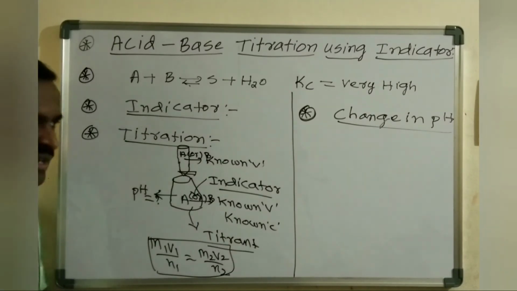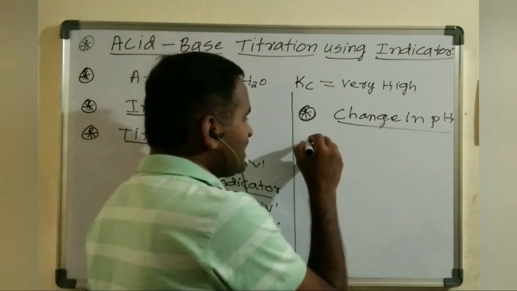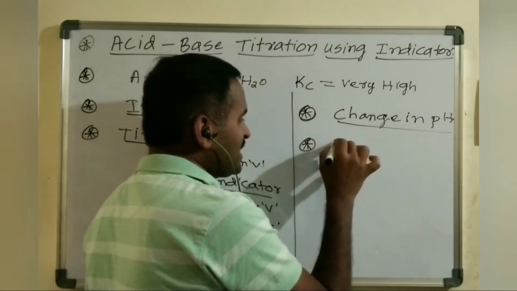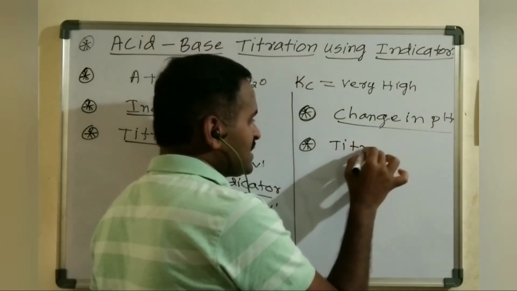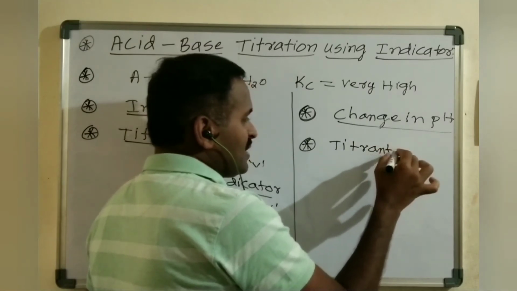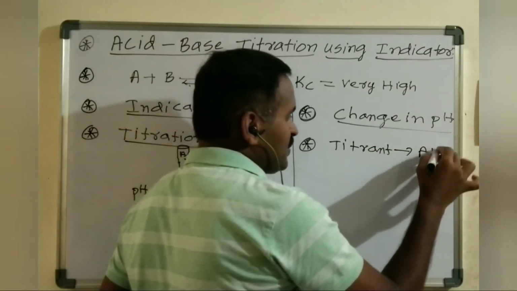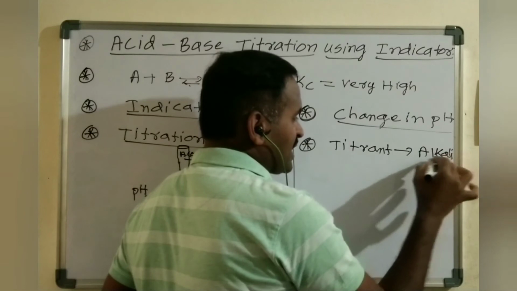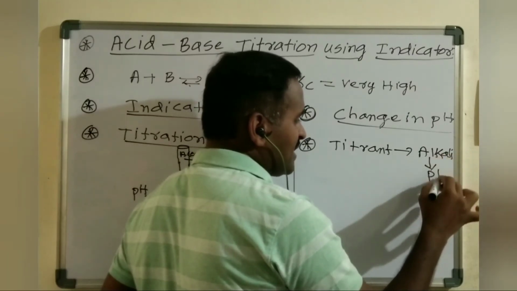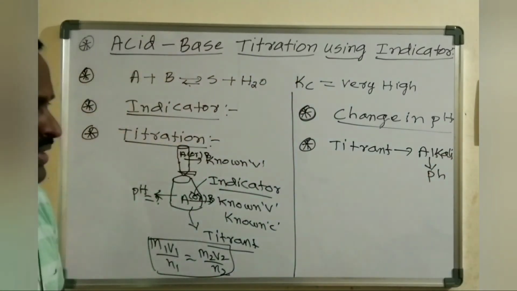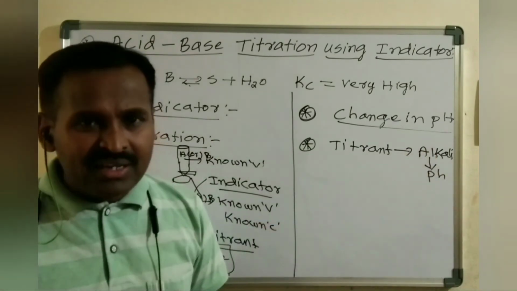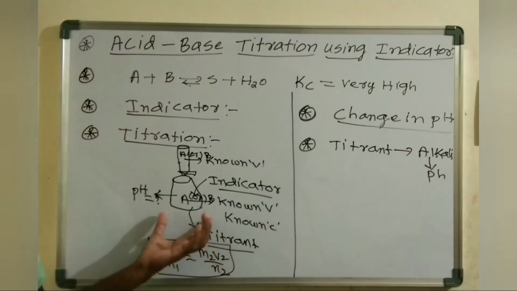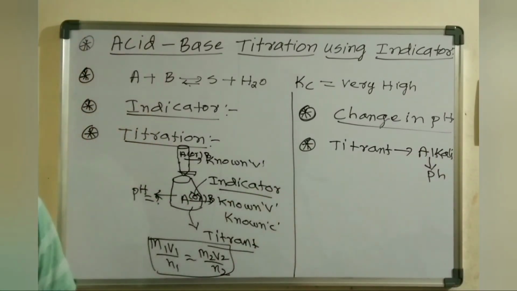If the titrant is alkaline in nature, generally phenolphthalein is used as an indicator. If the titrant is alkali, meaning base, we generally choose phenolphthalein as the indicator.